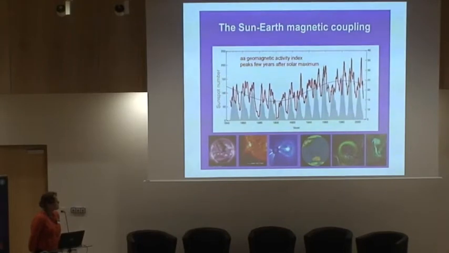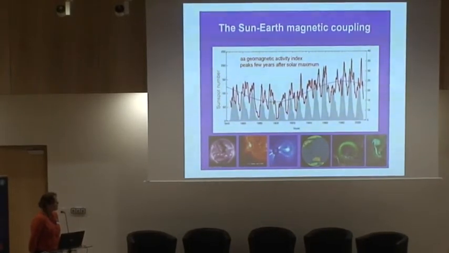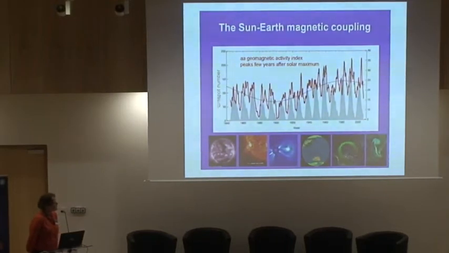So on the left-hand side, I will show you three pictures of the Sun. And then on the right-hand side, there are three different perspectives to the auroral substorms, which is one of the main features I will study here today.